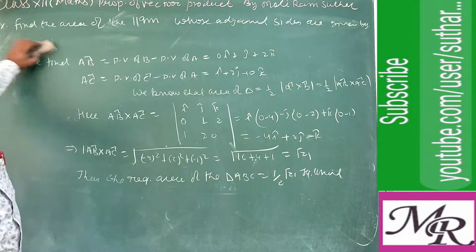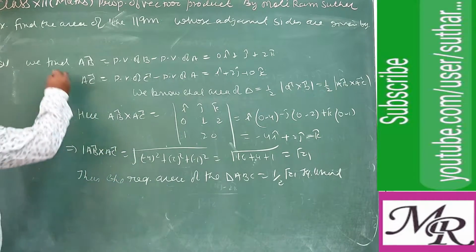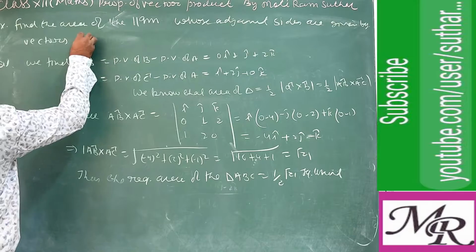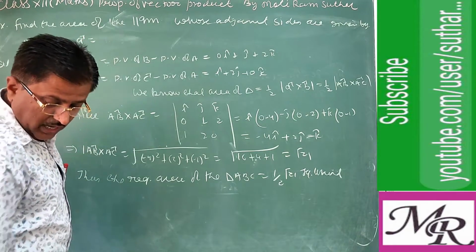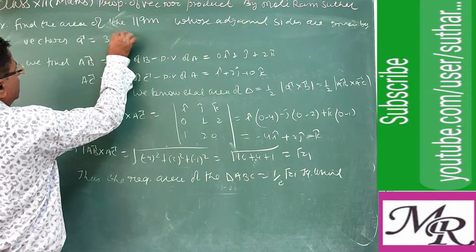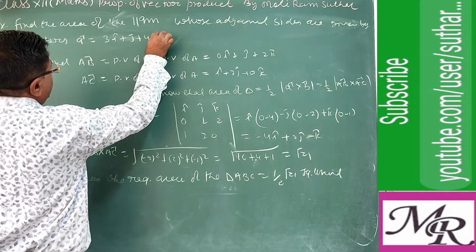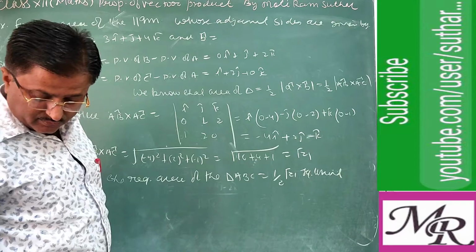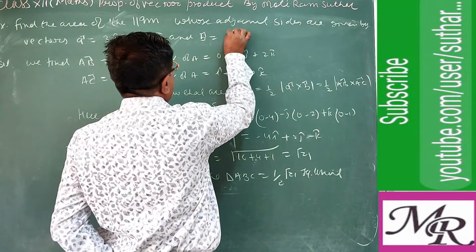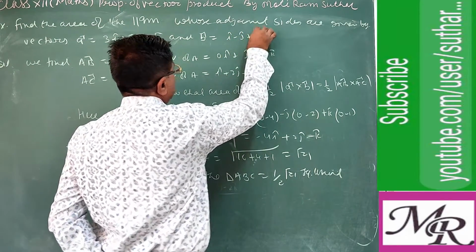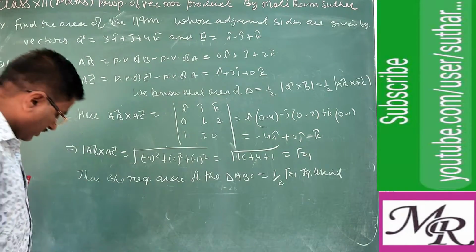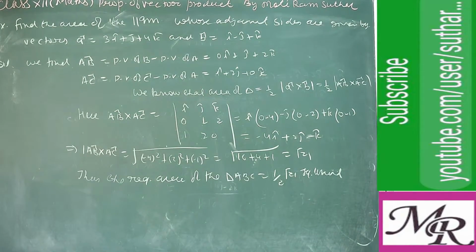Here we are given vector A equal to 3i plus j plus 4k and vector B equal to i minus j plus k. So we have to use the same formula, only the half will be removed.